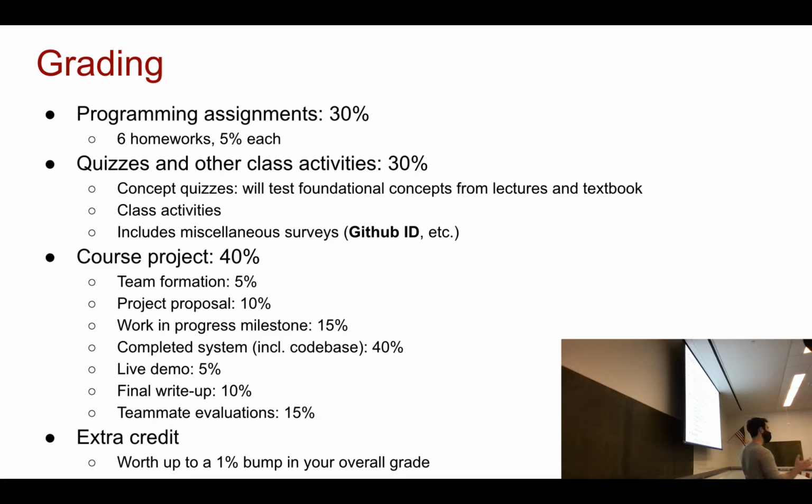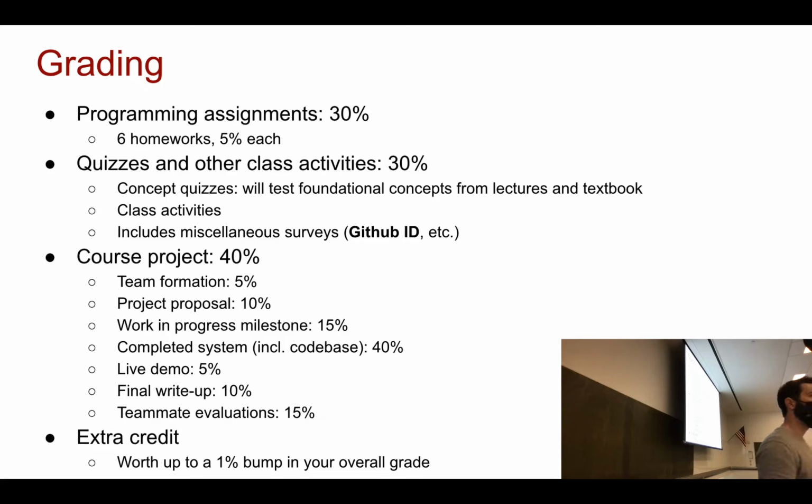Concept quizzes test the information we learned from lectures and from the textbook. Basically anything that's not a homework assignment or the project goes into that bucket. The course project is worth 40% of your overall grade. That's a lot. It's pretty important.